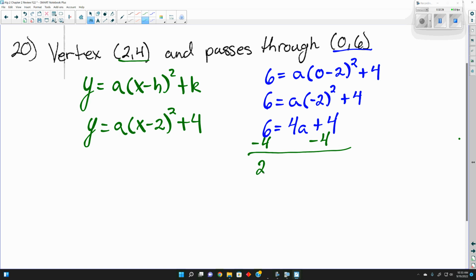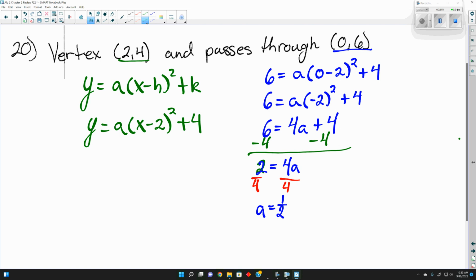So what that will tell us is that 2 is equal to 4a. And the last thing we can do is divide by 4, telling us that a is 1/2. Any questions on how we found the value of a?